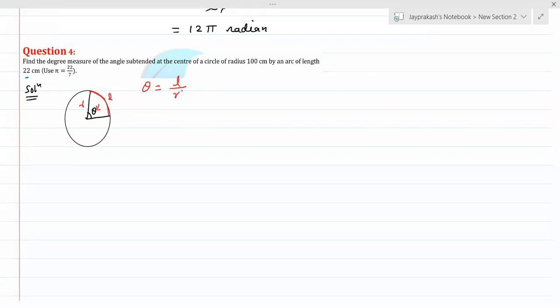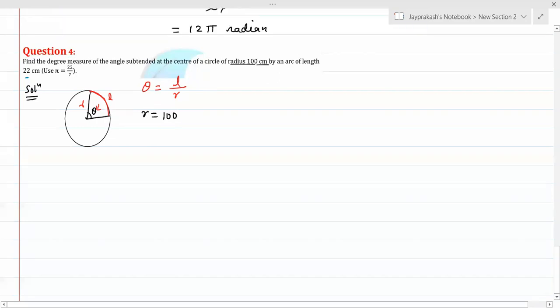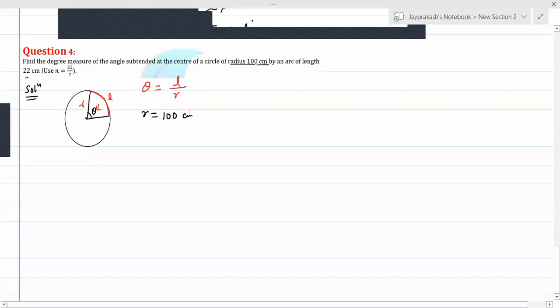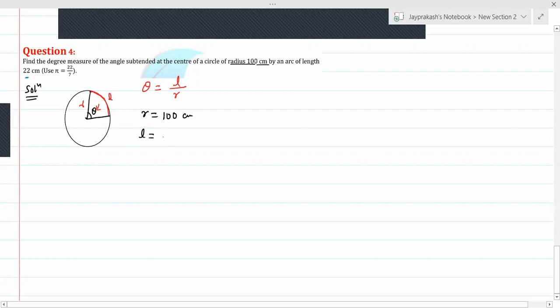Now see in the question, everything is written there. The radius is 100 centimeter, so R is equal to 100 centimeter. The theta, that is the angle subtended at the center, we have to find. The length of arc is also given, that means L is 22 centimeter.